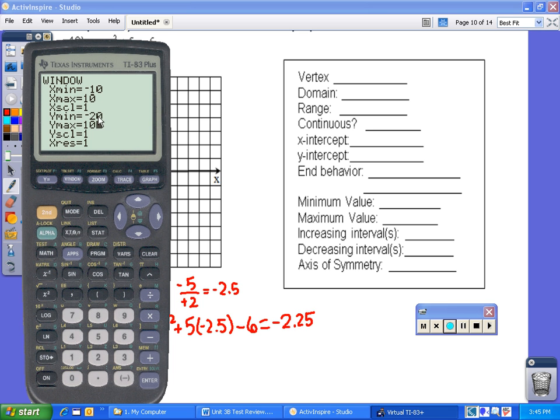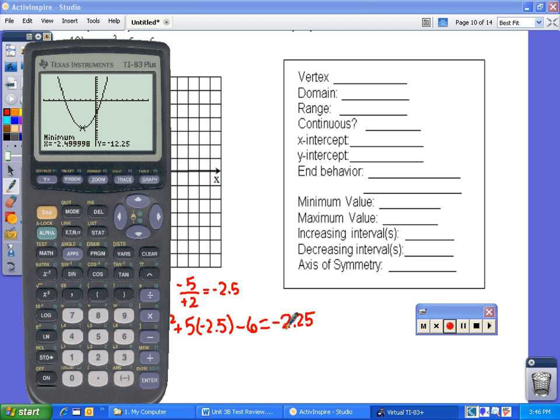So this is different than the word problems, very different. So now it's lower, I can see where my minimum is. Minimum in the calculator is the same as finding the vertex. So we go left of the minimum, right of the minimum, enter, enter, and you see that I was a little off.